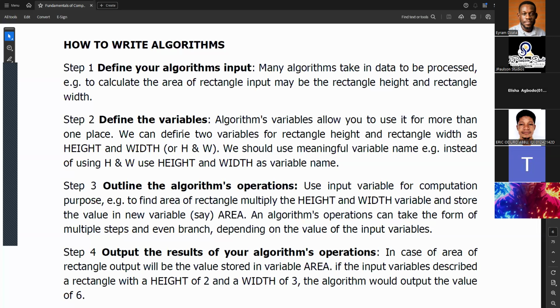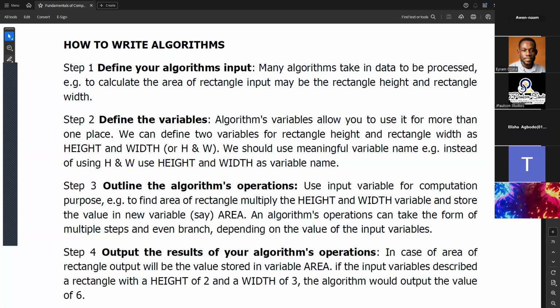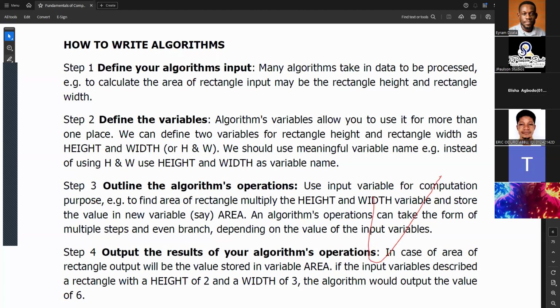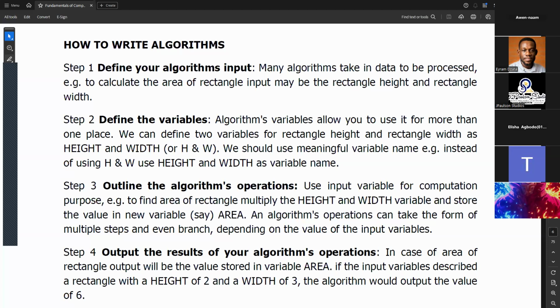Yes. So it's up to you, the programmer, to understand the formula that is used in grading. Then you translate that formula into your program. That is why we are learning these algorithms.